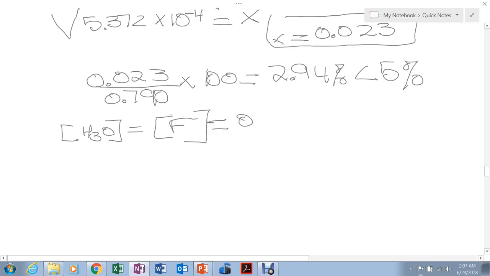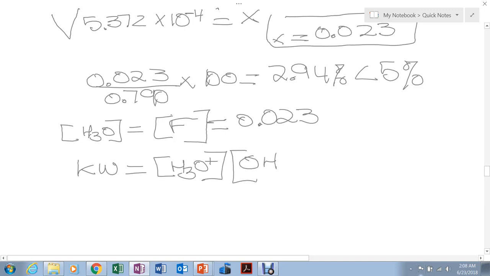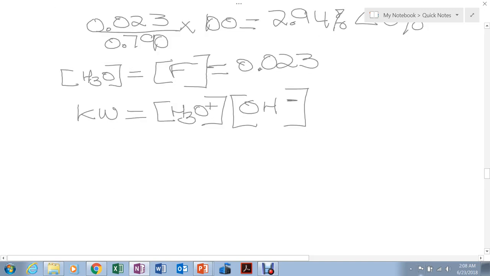Now, where do I get the hydroxide? Like I said, from the ionization of water. Kw is H3O plus times OH negative. If you have an acid and it doesn't tell you anything else, you know that if you find H3O plus, you can always find OH by the ionization of water. So Kw is 1.0 times 10 to the minus 14.